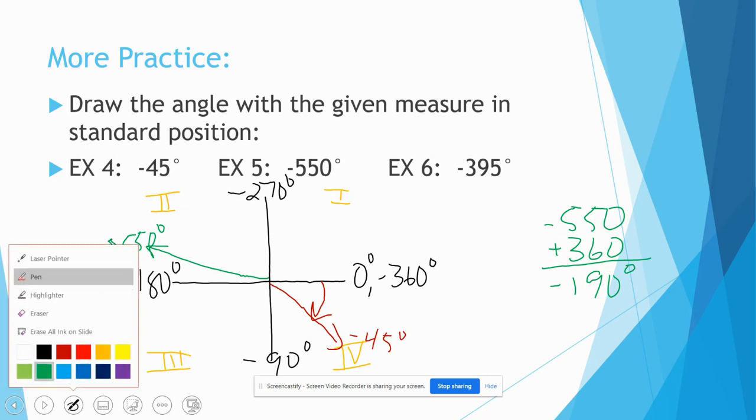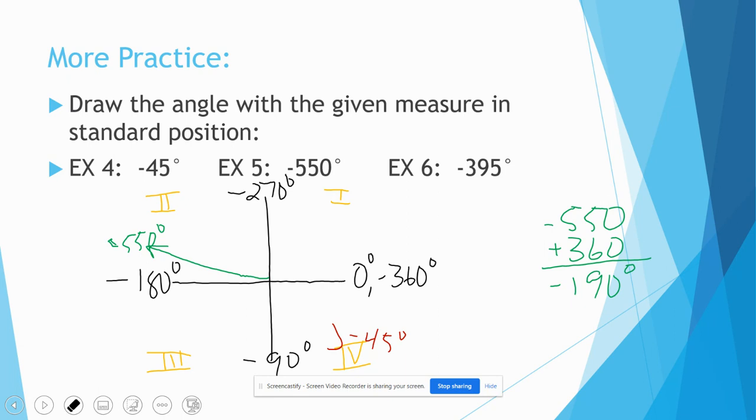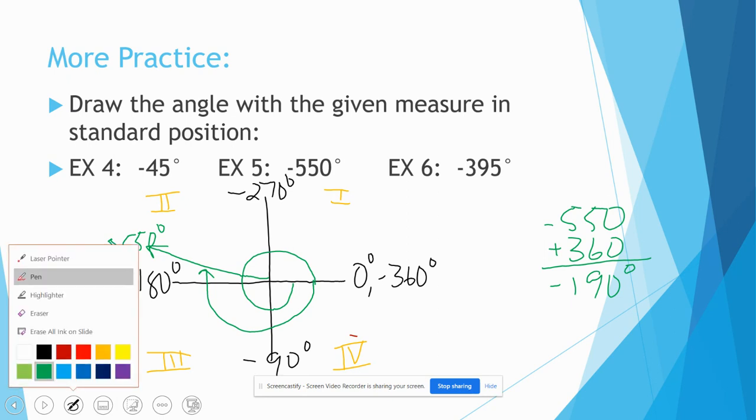And again, we have to show that we went more than 360 degrees. So starting on my initial side, there's my full 360, and then another 190 to get to my negative 550.